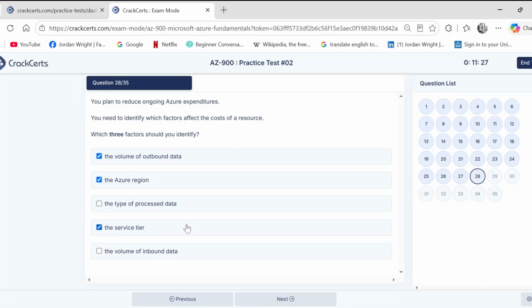Yep, I agree. The service tier, yes. The region, yes. Inbound data, no. Let's go with that. The type of data, no, doesn't matter. So yeah.